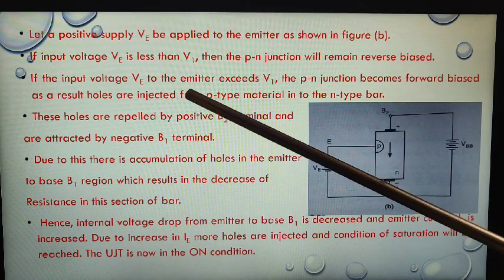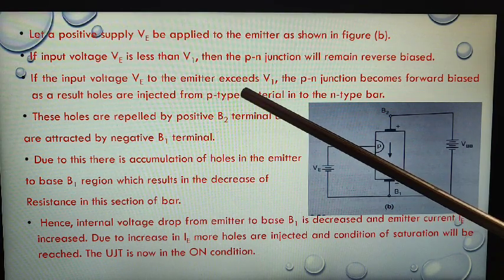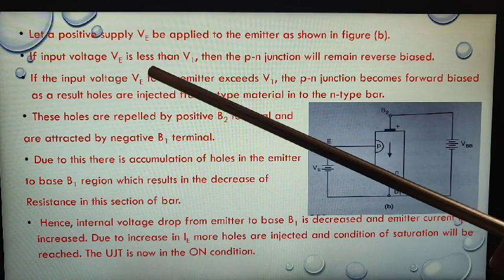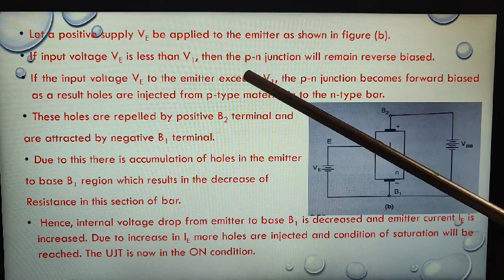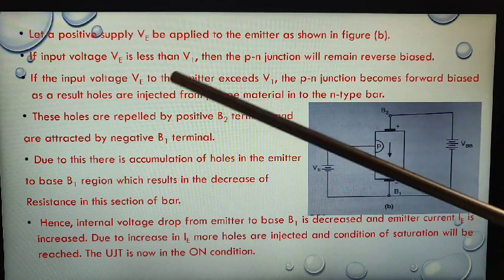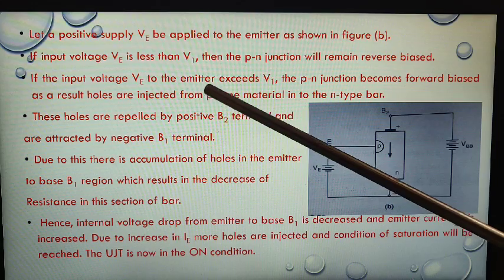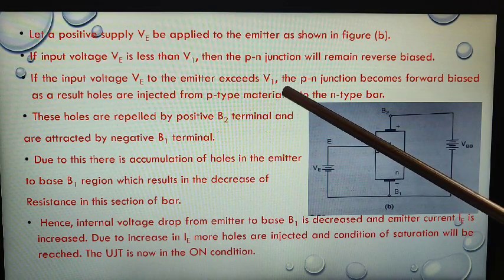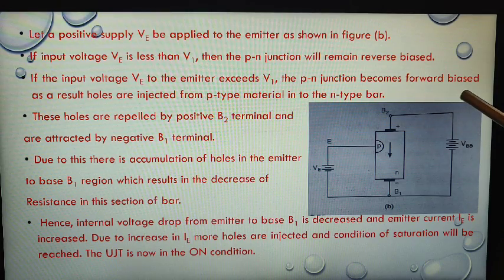If the input voltage VE is less than V1, then the PN junction will remain reverse biased. If the input voltage VE to the emitter exceeds V1, the PN junction becomes forward biased.